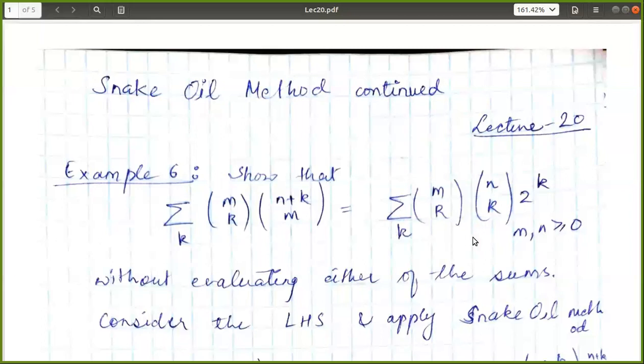So if I can show that as generating functions f(x) is equivalent to g(x), then I know that component-wise they match up, which means the coefficient of x raised to n for f and the coefficient of x raised to n for g are the same, and that would prove this identity, right? So that is what we're going to see in this particular example.